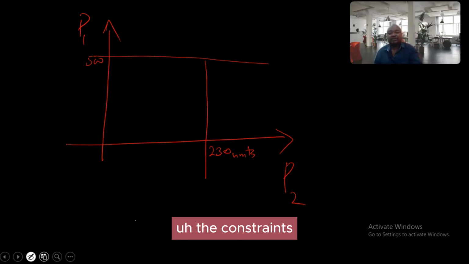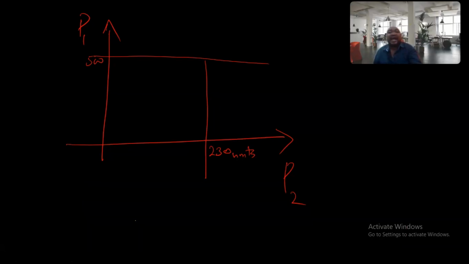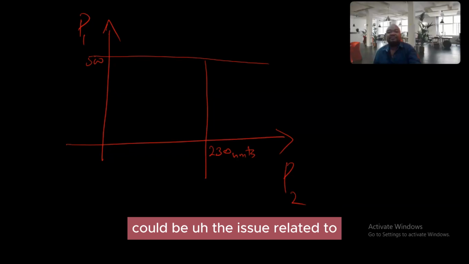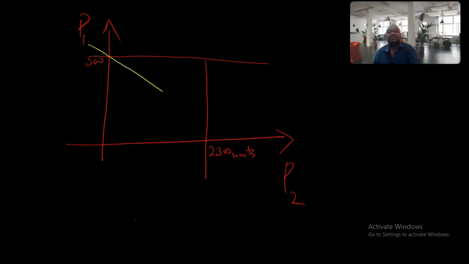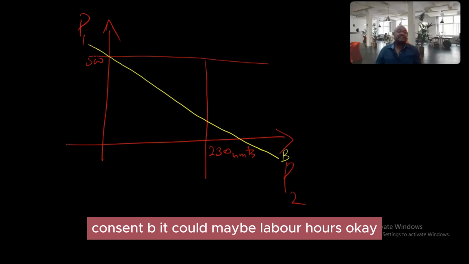Okay, then you will be told of the constraints which impact the success of these two products. And the first one could be, say, constraint B. Constraint B, it could maybe be labor hours.